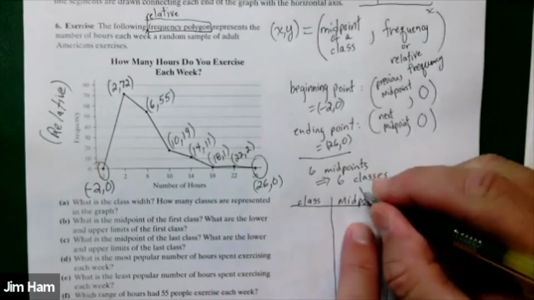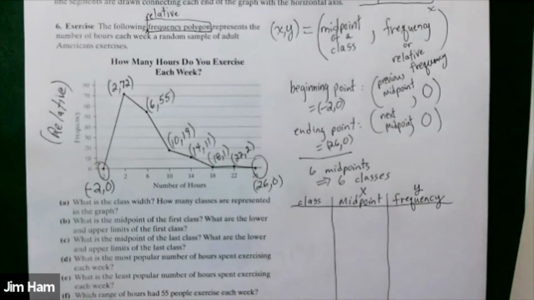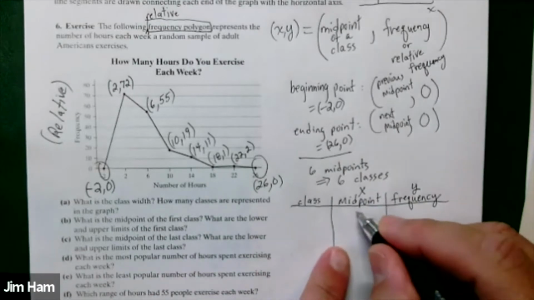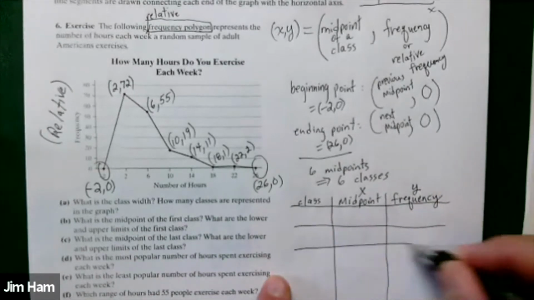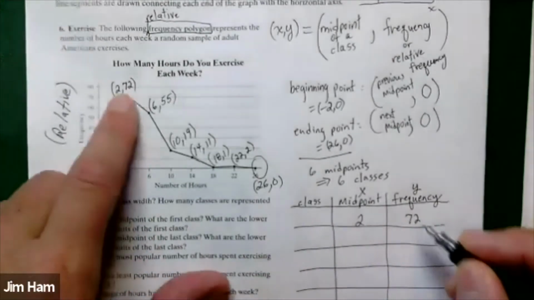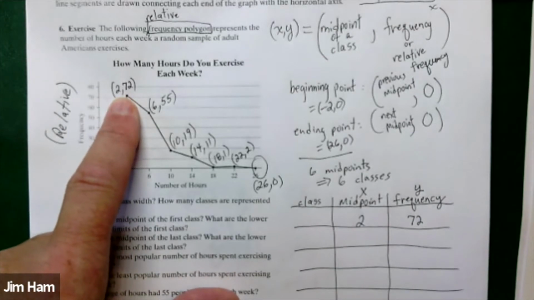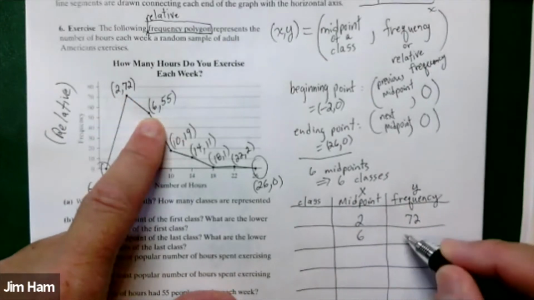Now the midpoint and the frequency make up the points. So I'm just going to put all these midpoints in here. Now we have 6 classes, and 2, 72 is this point here. It's the midpoint and then the frequency. And I'm just going to go in order and write all these down.